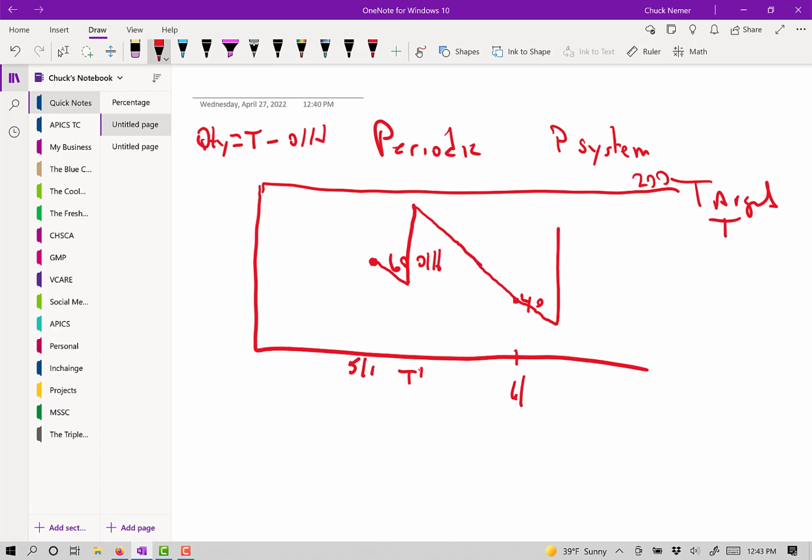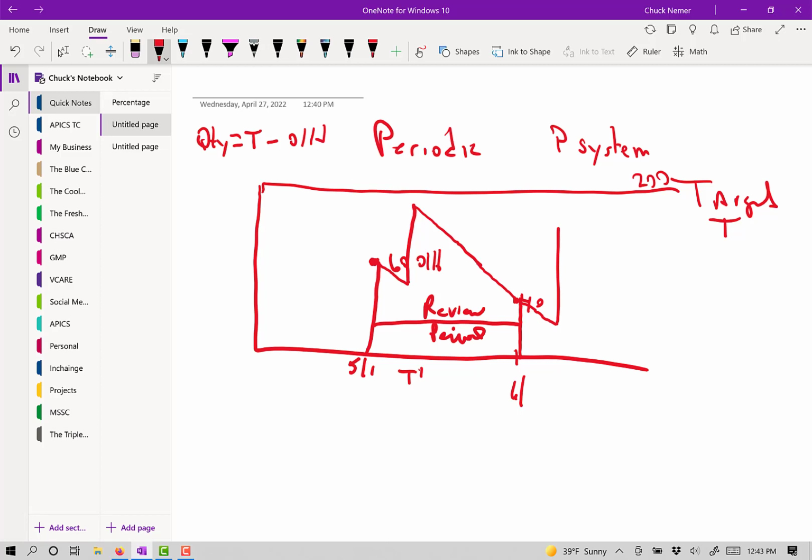So let's come back now and look at the formula for this. If you think about it, we're going to look at it on 5/1, and we're going to look at it again on 6/1. This time frame in the middle here is called the review period.